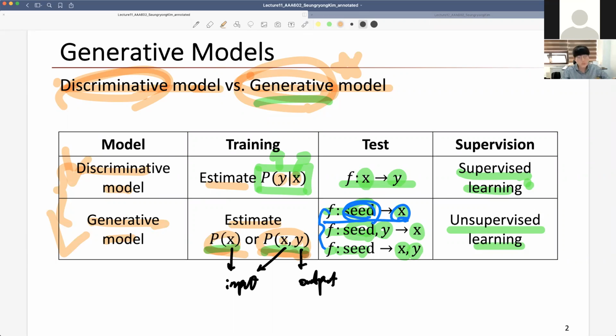First, we can generate a new input x from an initial random seed, or we can generate it given a condition y, I mean conditional input generation, or we can generate pairs of input and output from the random seed.